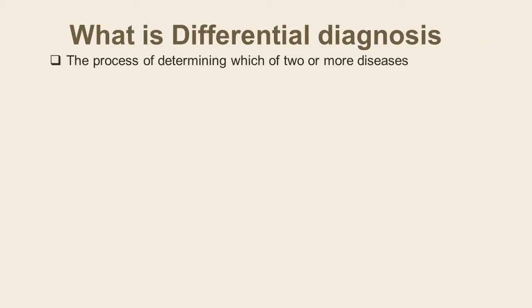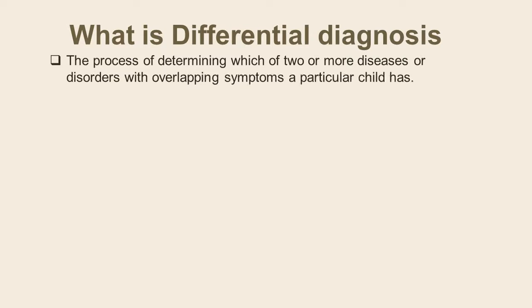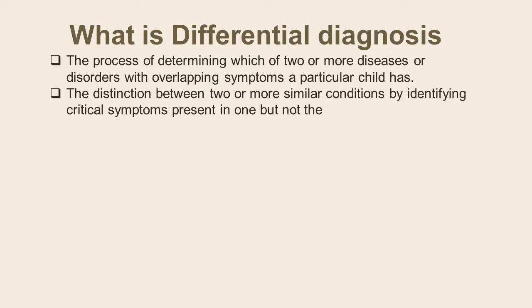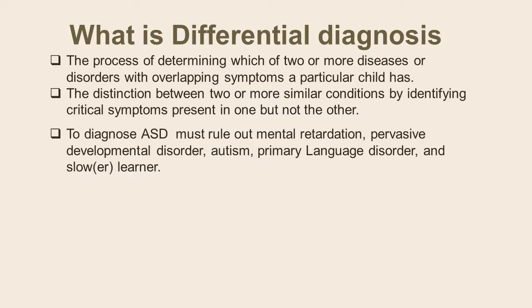The process of determining which of two or more diseases or disorders with overlapping symptoms a particular child has, as I said, autism and intellectual disability. The distinction between two or more similar conditions by identifying the critical symptoms present in one but not in the other, that is differential diagnosis.